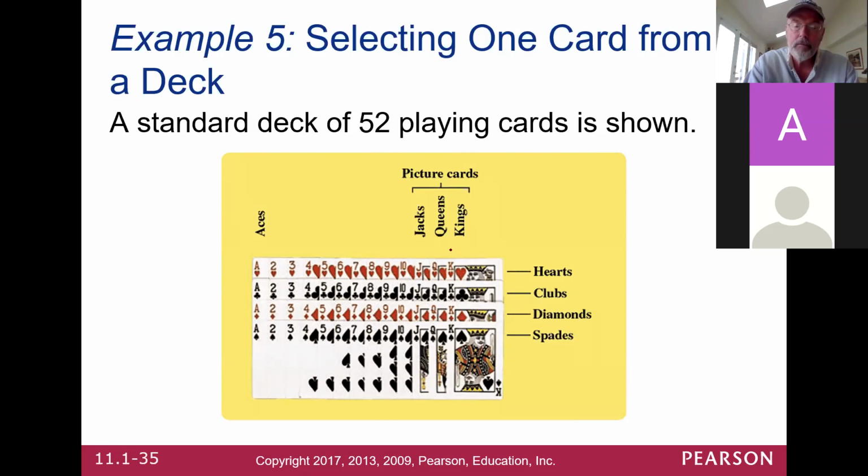And then we have 4 different suits: hearts, clubs, diamonds, and spades. So 13 across the columns, and 4 on the rows. All right, 4 times 13 is 52.